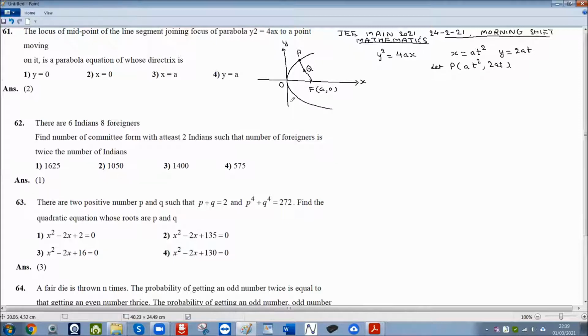So suppose Q represents the midpoint of the line segment PF and it has coordinates h, k.